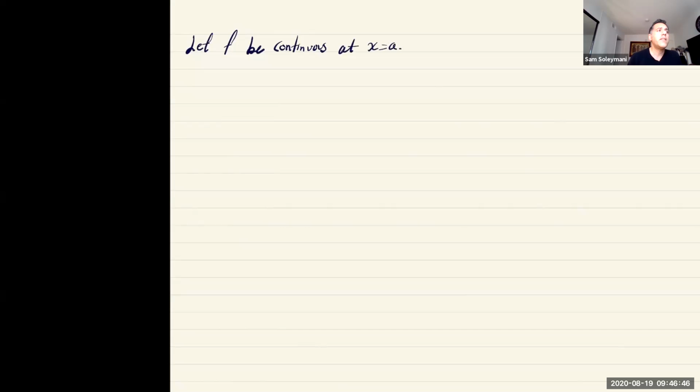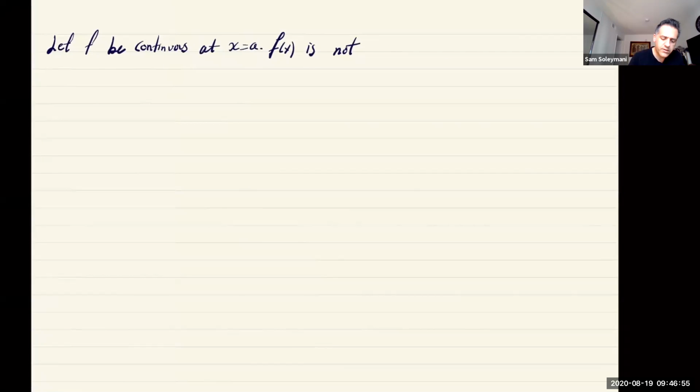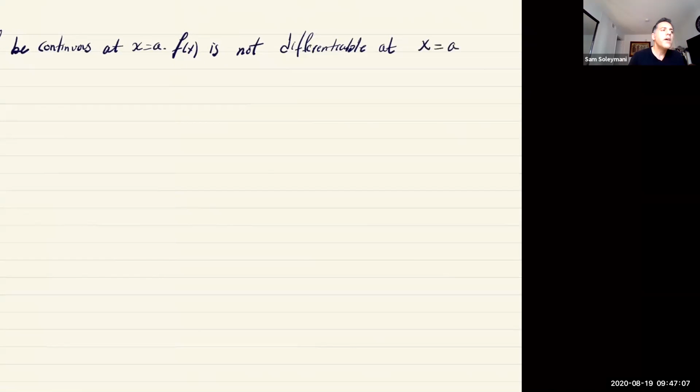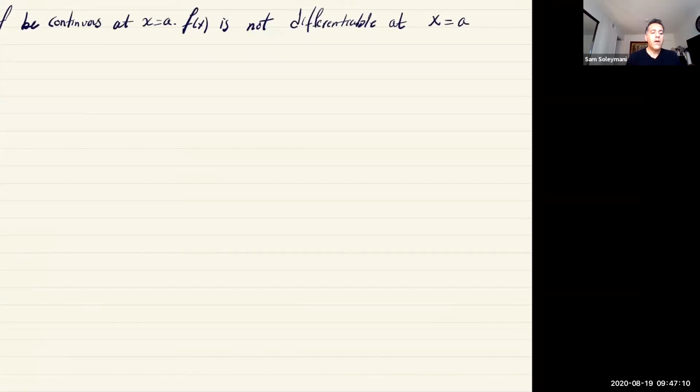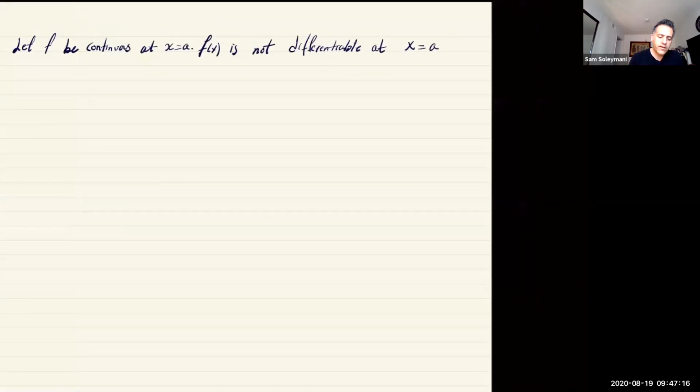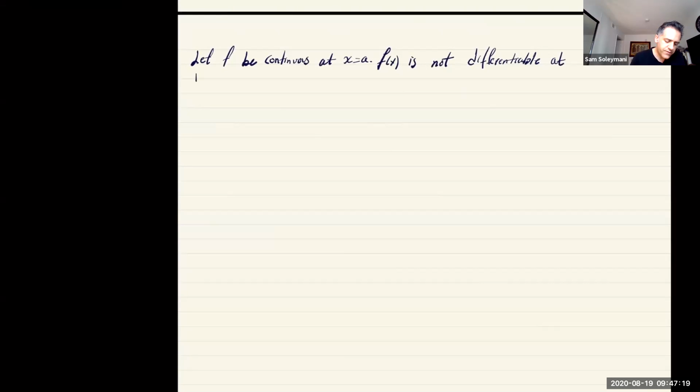Okay, so let f be continuous at a. All right, then we say that f is not differentiable at x equal to a if either of the following are true.